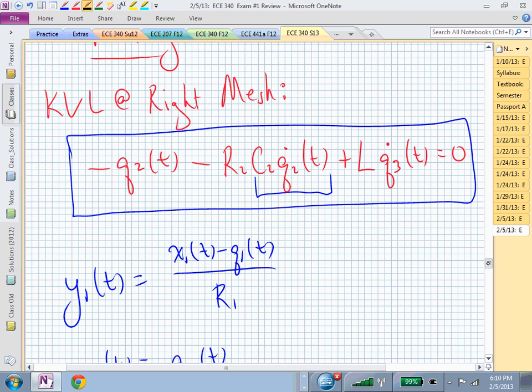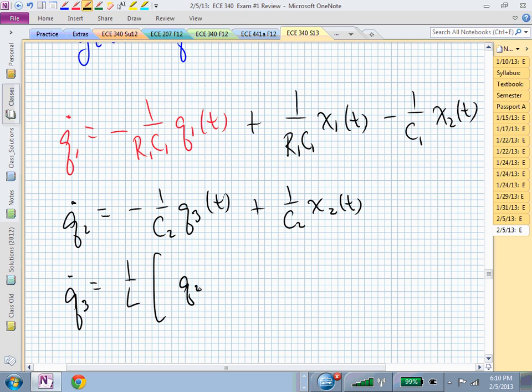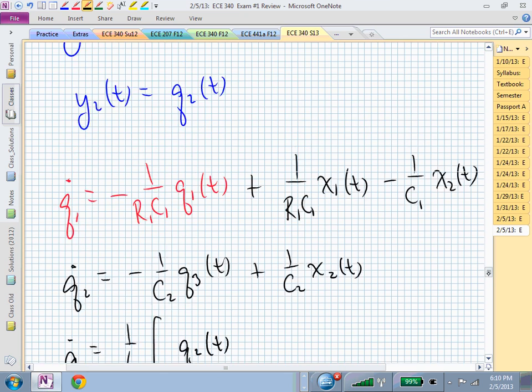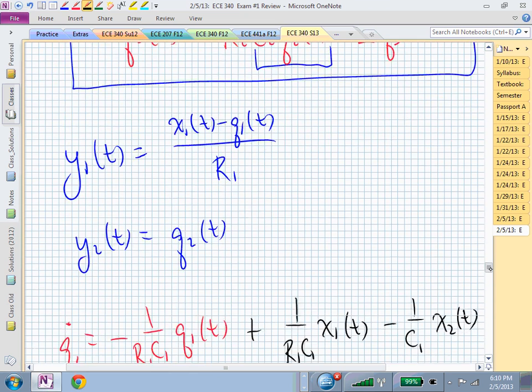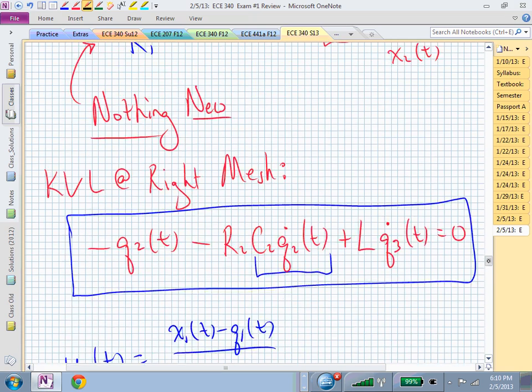Let me say I have a Q sub 2, then I have a C sub 2 Q sub 2 dot, but that's buried in this equation right here, and that's scaled by R sub 2, and is that on the other side?